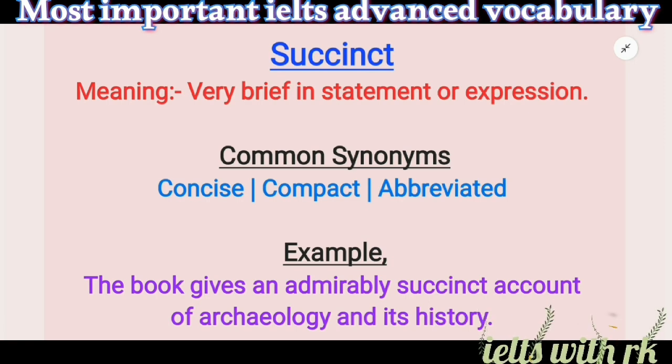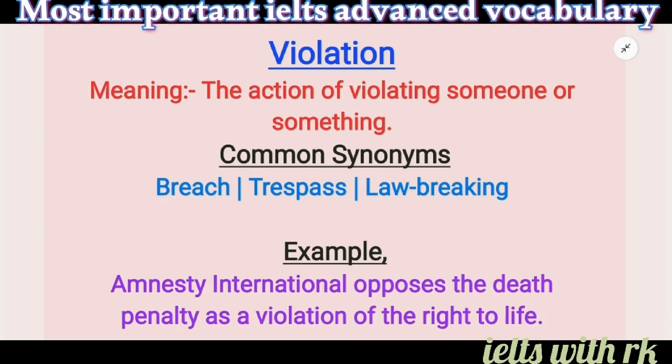Compact. Abbreviated. The book gives an admirably succinct account of archaeology and its history. Violation. The action of violating someone or something. Breach. Trespass. Law-breaking. Amnesty International opposes the death penalty as a violation of the right to life.